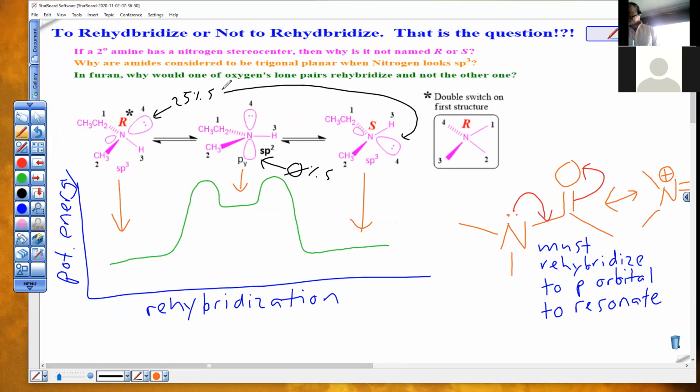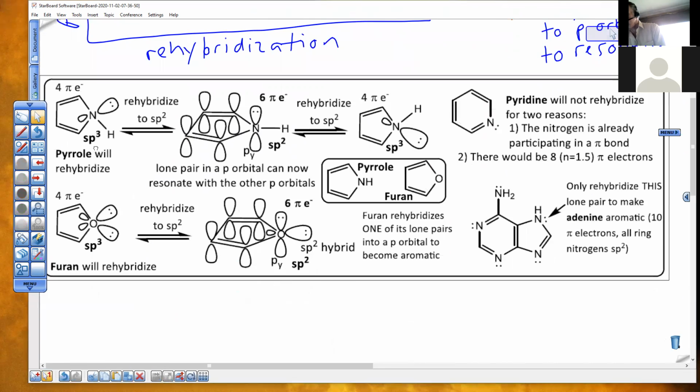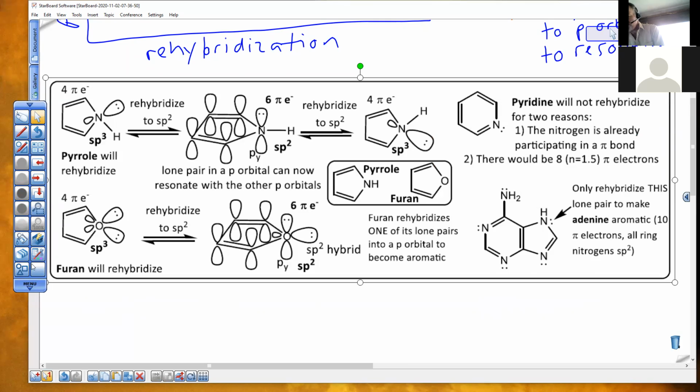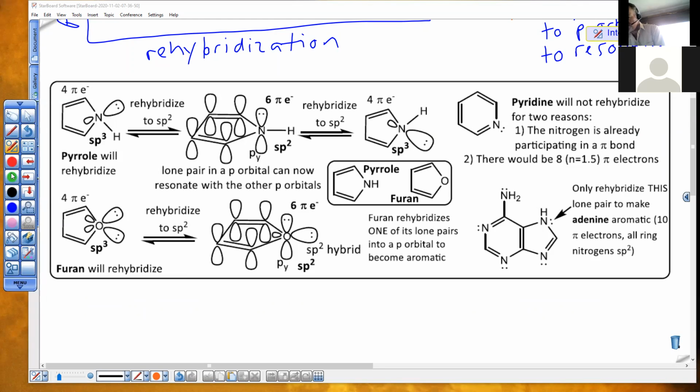And it seems to me we have a green question. In furan, how would one of oxygen's lone pairs rehybridize and not the other? Well, we'll use the lengthier discussion that's found right in our textbook. This should be our green answer. Maybe I'll recolor the box green. Wish me luck on that one. And give it a shot.